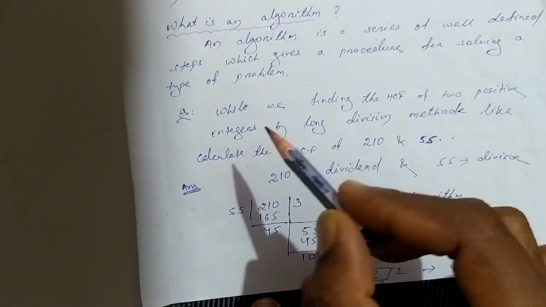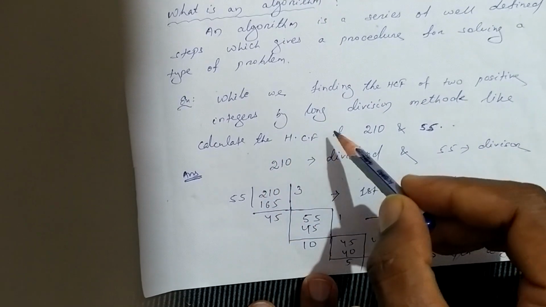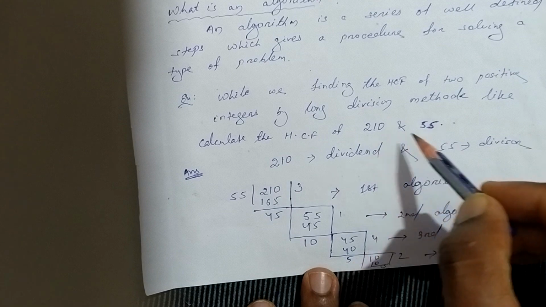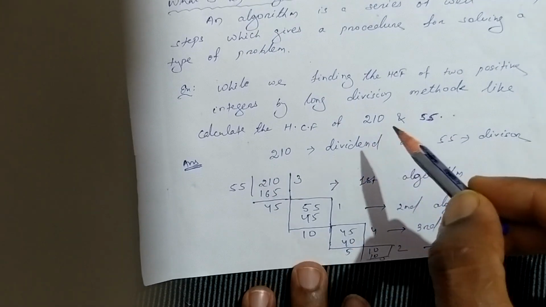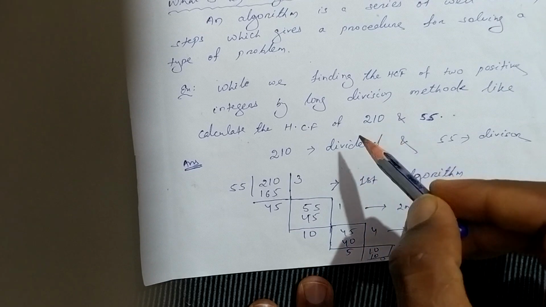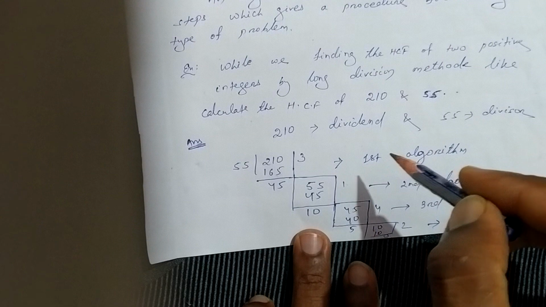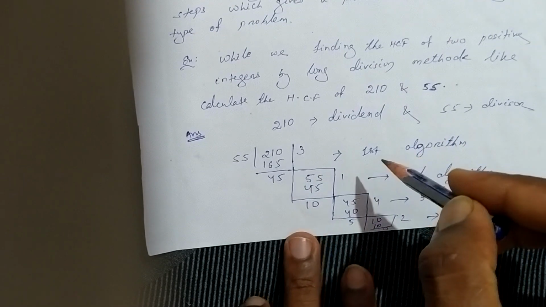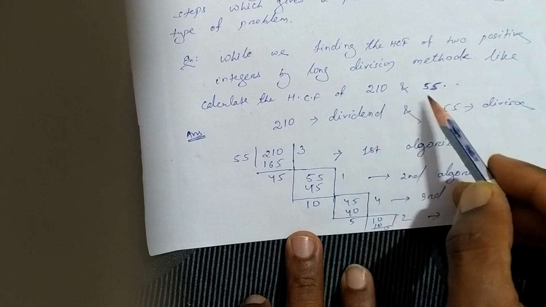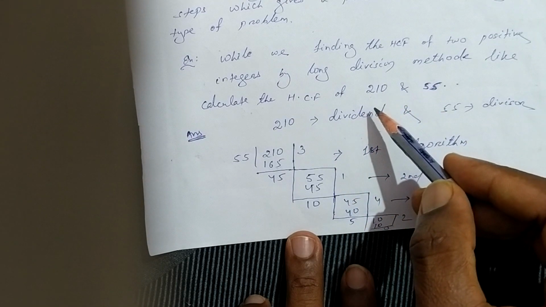Suppose I give one example here. While finding the HCF of two positive integers by the long division method, like calculate the HCF of 210 and 55. You have learned in class 5 or 6 how to find the HCF of two given numbers by the prime factorization method. But here we will go for the long division method step by step. Between the two numbers 210 and 55, the biggest number is 210.